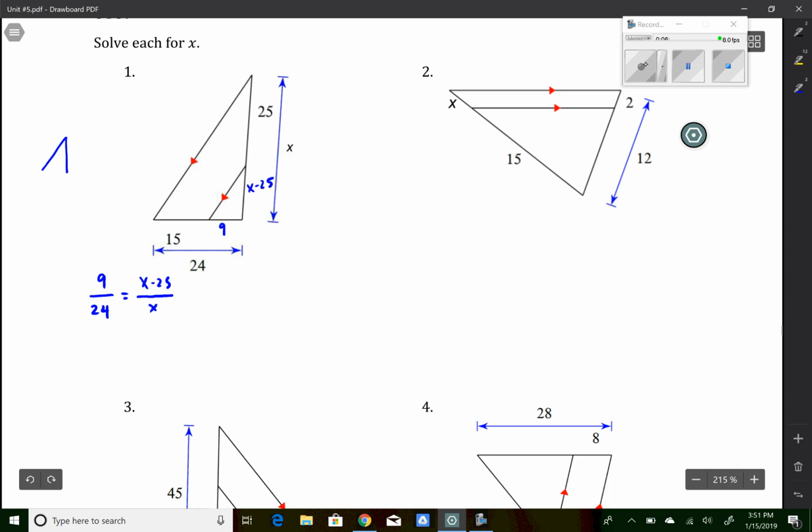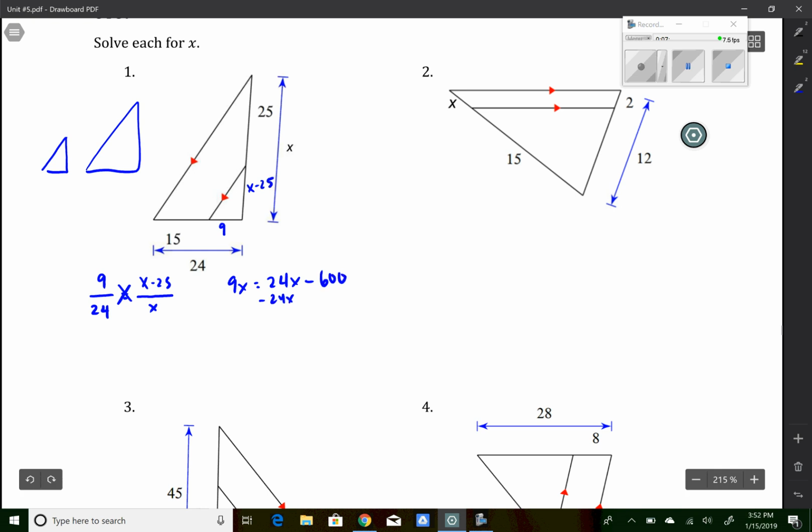Essentially, if you were to redraw it, like I said to do in class, it'd be easier to see. I'd be comparing the same sides. So then let's cross multiply. I have 9x equals 24x minus 24 times 25, which I need my calculator for, 600.